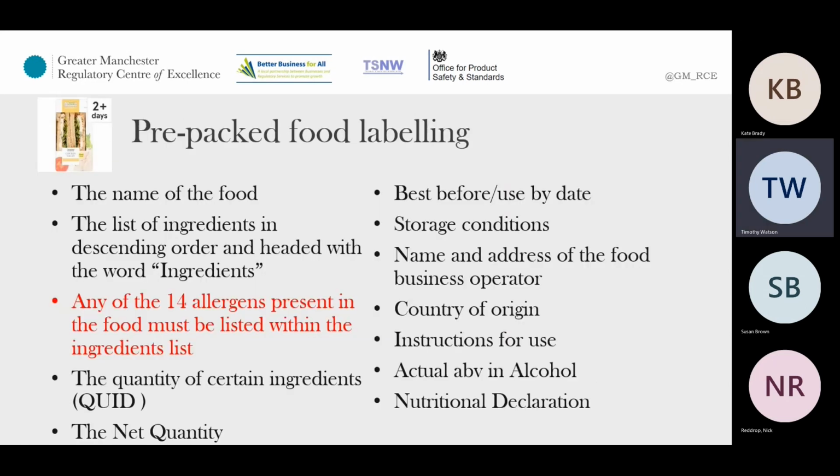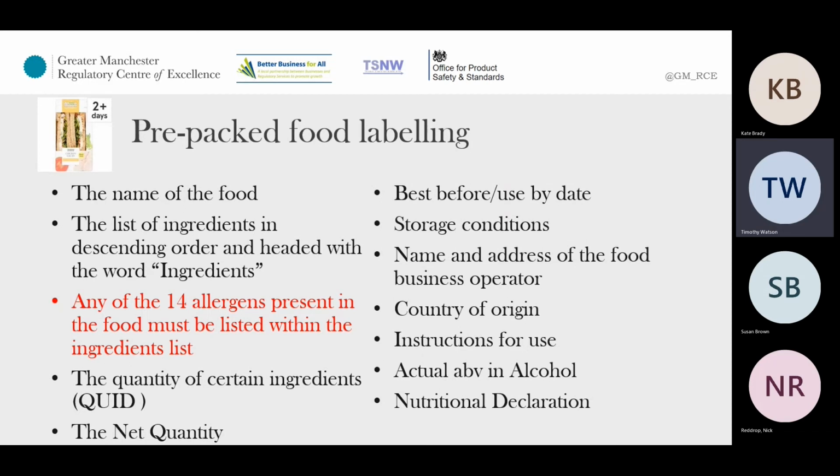So now we're going to look at the requirements for pre-packed food labelling. So firstly, you need the name of the food, and this has to be one of three types of name. Some foods have what's called a legal name, which is a prescribed name in food law, or something called a reserved description.